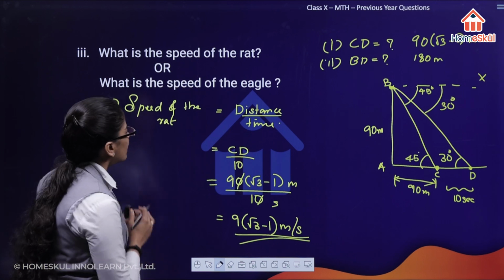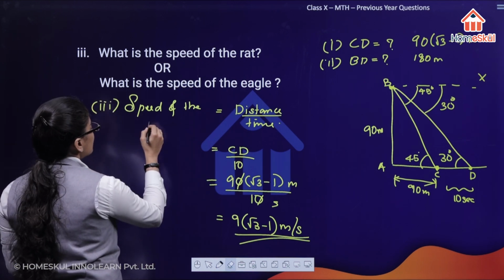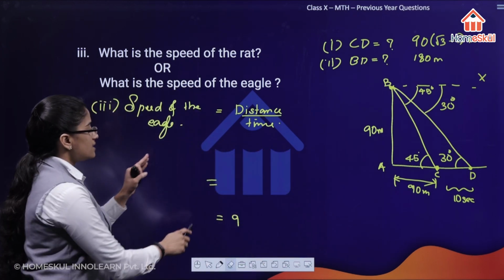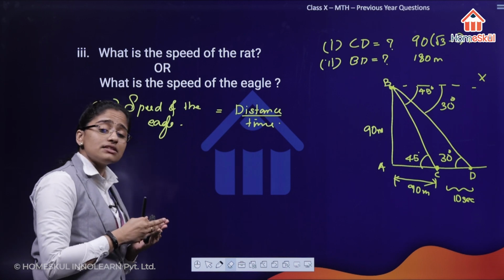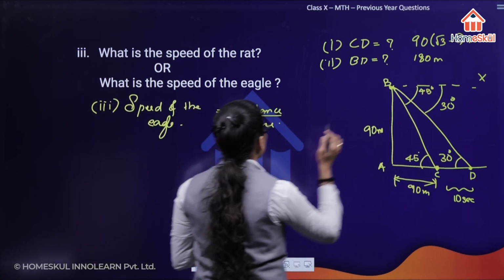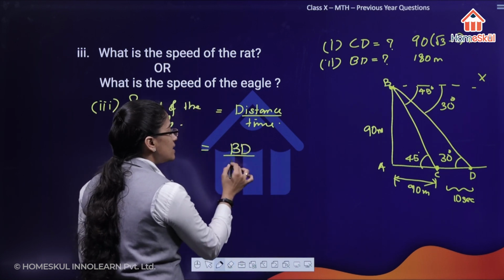Clear? Now we have a choice question for this: the speed of the eagle. Speed of the eagle is, again, distance by time. And what is the distance traveled by the eagle? It is BD, and that distance is 180 meter, isn't it? That means it is BD by the time, which is 10 seconds itself.